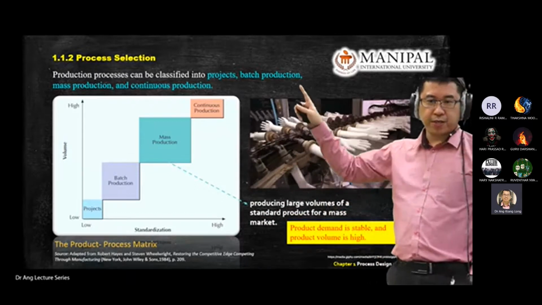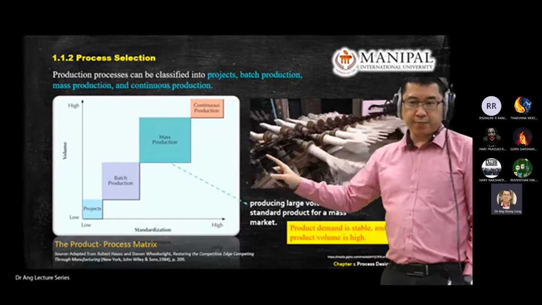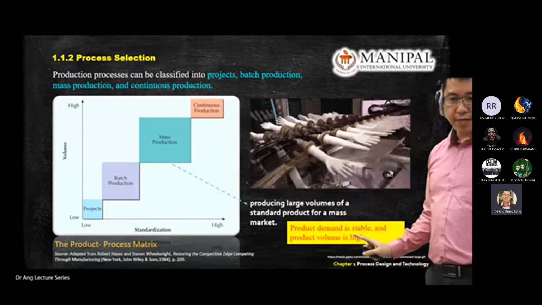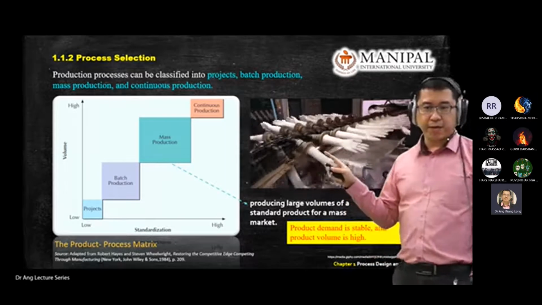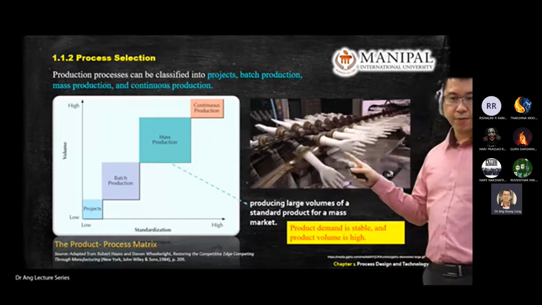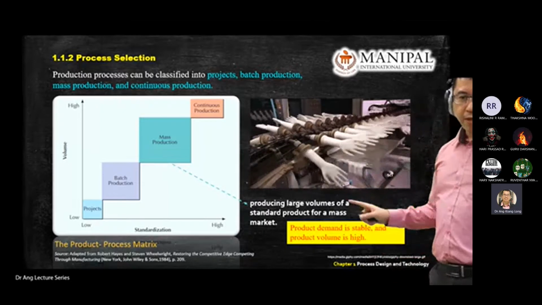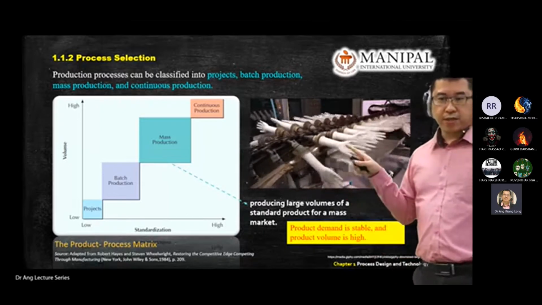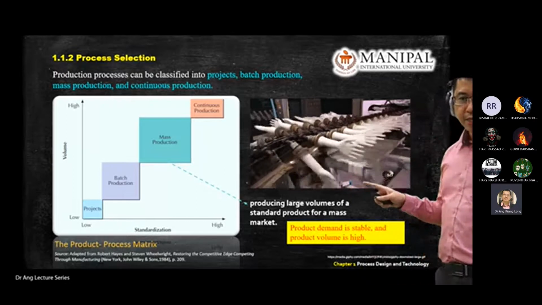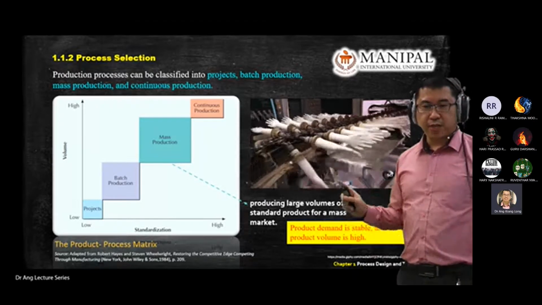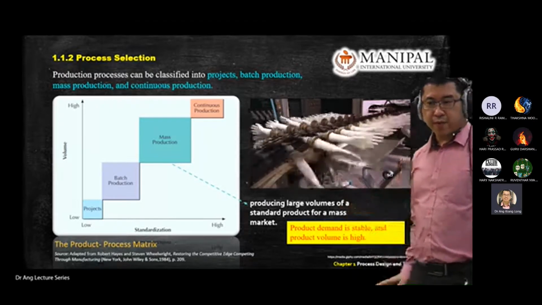However, when it comes to mass production, demand is stable. Meaning every month there will be a demand for glove, for example. Okay? All the surgical theater, hospital, health industry, safety industry, you need glove. Okay? Stable.